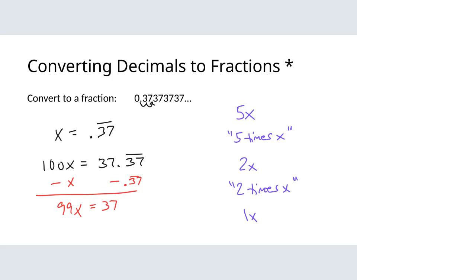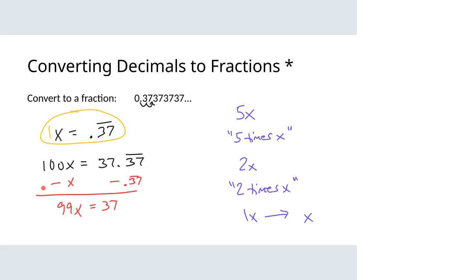But because we use shorthand wherever we can, I probably wouldn't write 1x if I were writing an equation. Instead, I would just say that's x. So whenever you see x, it really means 1x. We just don't write the 1 because multiplying by 1 doesn't do anything. So when I say x is 0.37 repeating, what I'm saying is 1x is equal to 0.37 repeating.